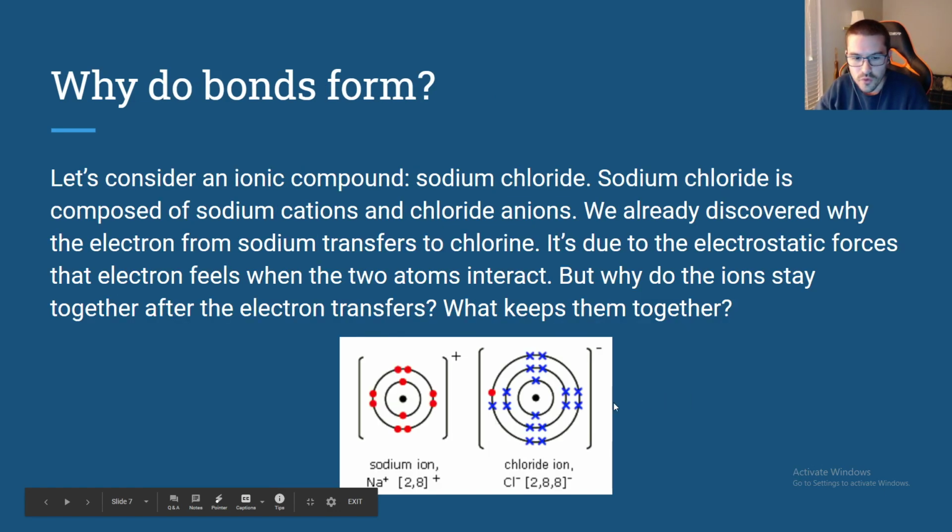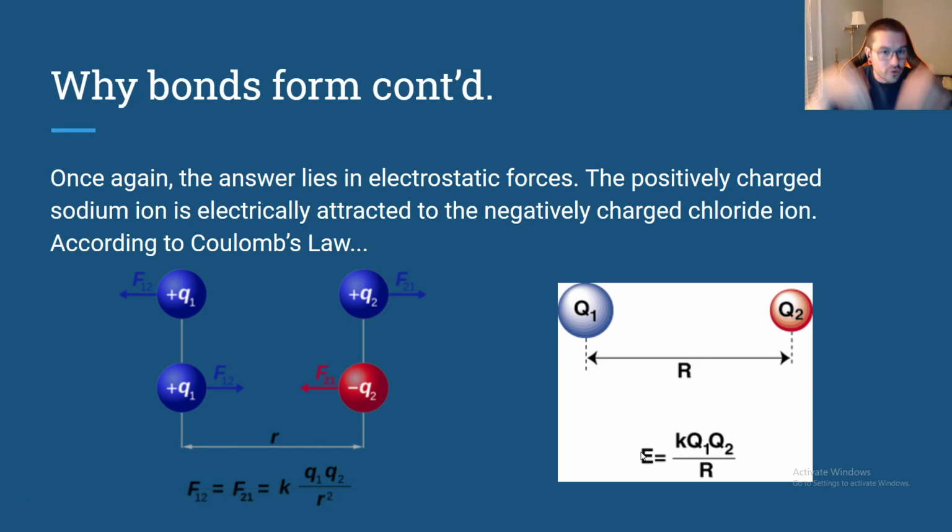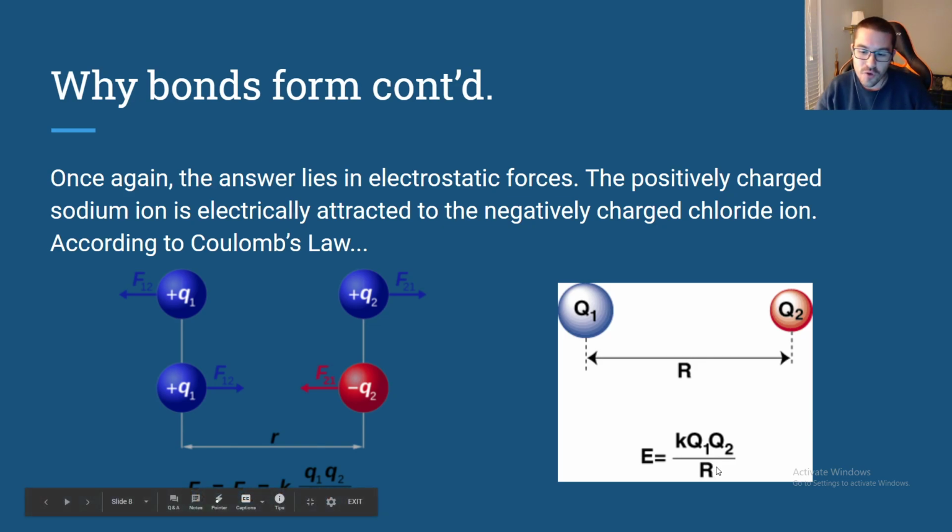If you plug in the values of these charges, +1 and -1, that means the energy is going to be negative. And if we want to make as big of a negative number as possible, we want the energy to go down. Then if we make r very, very small, the magnitude of the energy goes up, but it's a negative number, because it's +1 times -1.